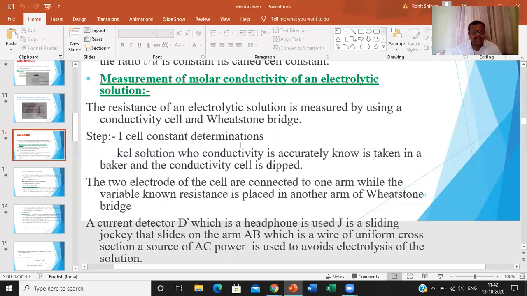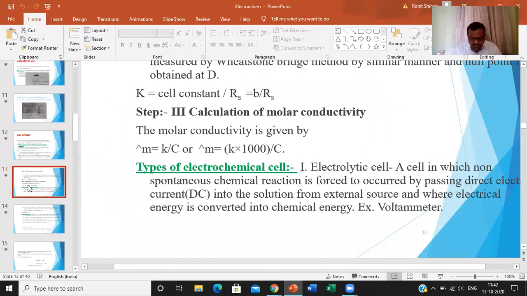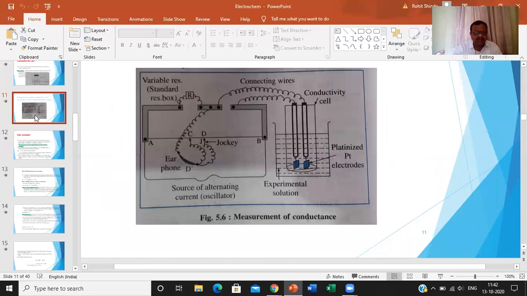A current detector D dash, which is a headphone, is used and jockey J is slid on the uniform wire AB, which has a uniform cross section area. A source of AC power is used to avoid electrolysis of the solution. So let us try to understand the circuit diagram, which is used to determine the conductance of the electrolytic cell.